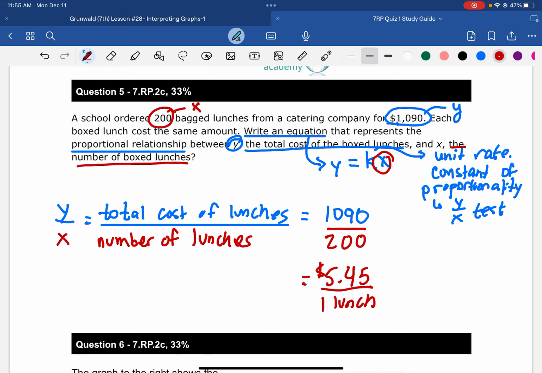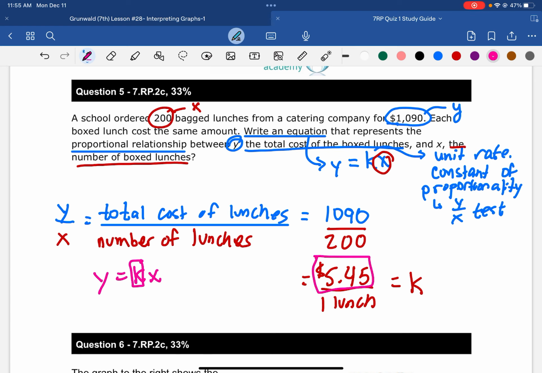We need that in order to write the equation, because the equation is y equals kx. So if we know that this is equal to k, now instead of writing y equals kx, I can take this k out, put the value in, and write it like this.